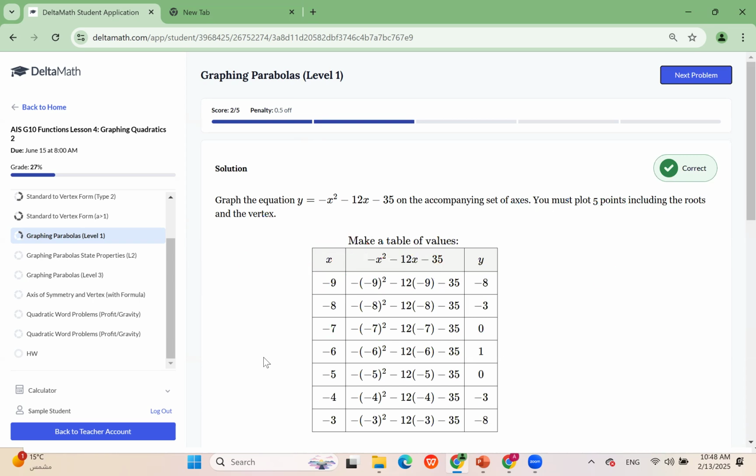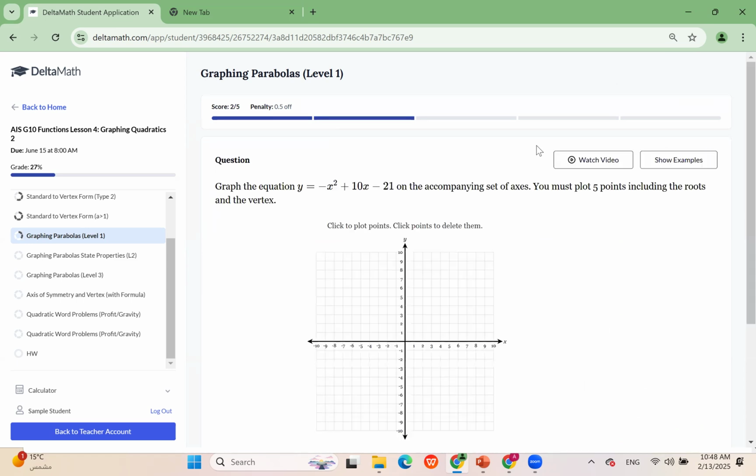Let's try the third problem. So in this case, we have negative x squared plus 10x minus 21. For vertex form, this becomes negative x squared minus 10x minus 21, which is the same as negative square brackets, minus 21.